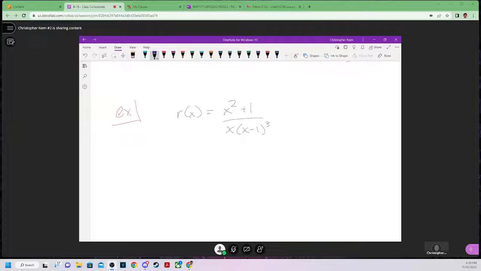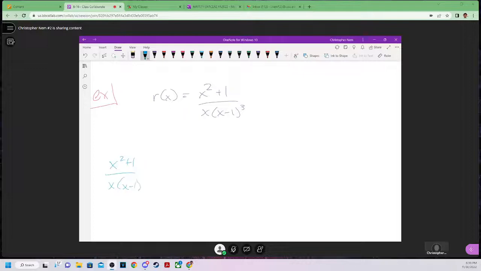I already factored the denominator for you. Now, with this rational function, we have 4 factors. There are 3 x minus 1s, and there's a single x as a factor. Which means if I wanted to do partial fraction decomposition, I should have exactly 4 different fractions.